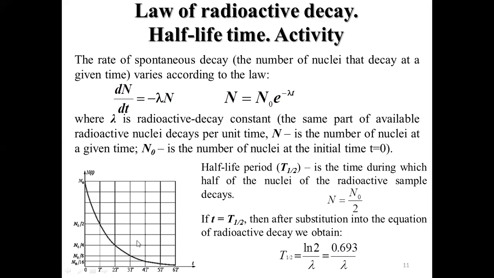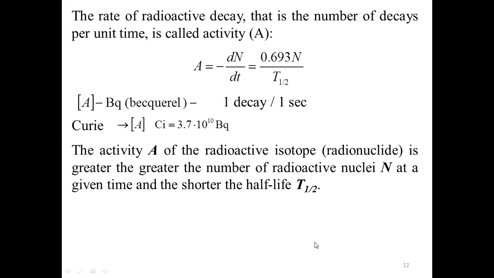Half-life period is the time during which half of the nuclei of the radioactive sample decay. So we find 1/2 of the initial number, and here is our half-life period, which we can find as follows: logarithm 2 divided by radioactive decay constant. The rate of radioactive decay, that is the number of decays per unit time, we call activity, so we can write such expression.